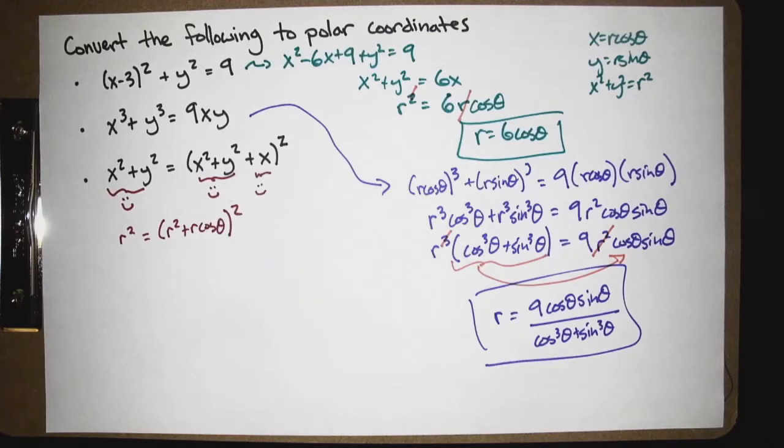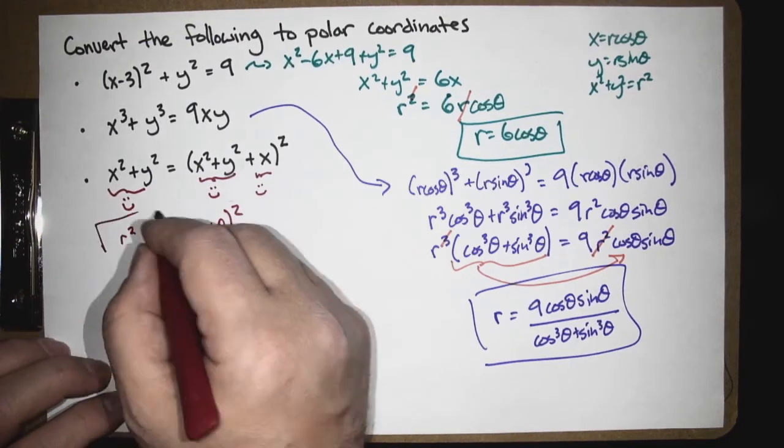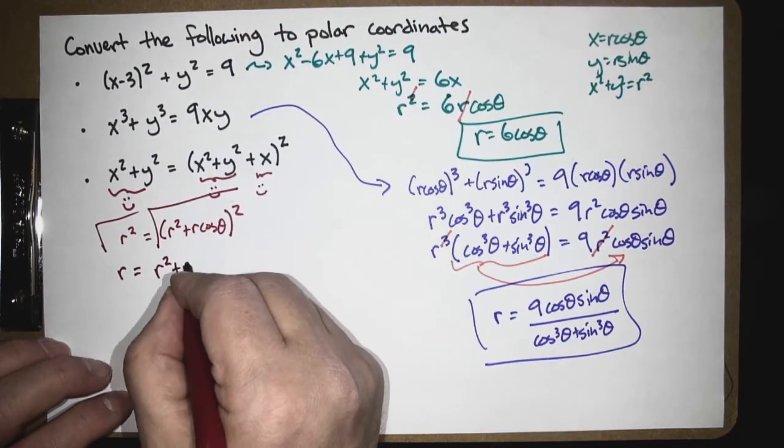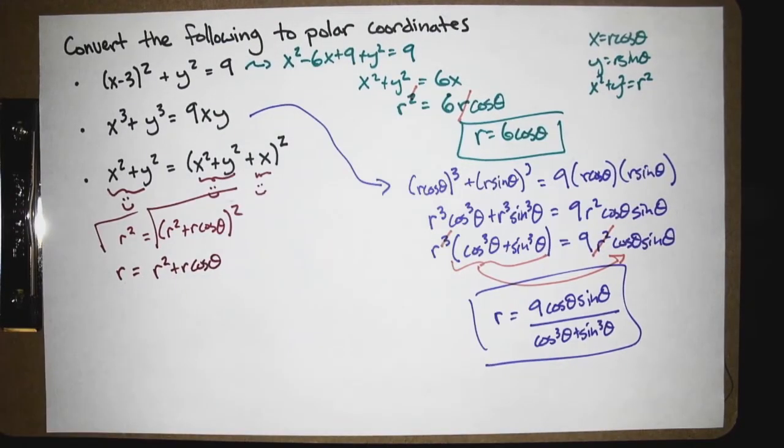Okay. Now, before we get too nervous, what can we do with both sides? Both sides are being squared, so take the square root. R equals r squared plus r cosine theta. What else can we do?